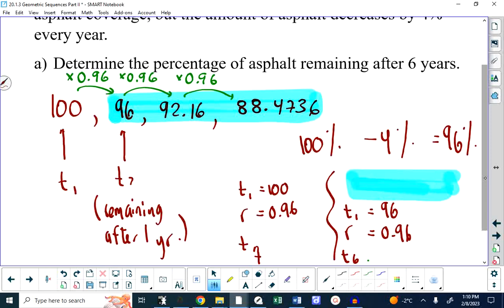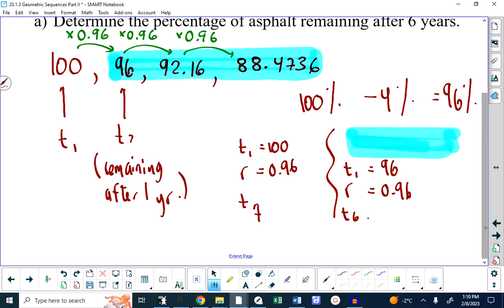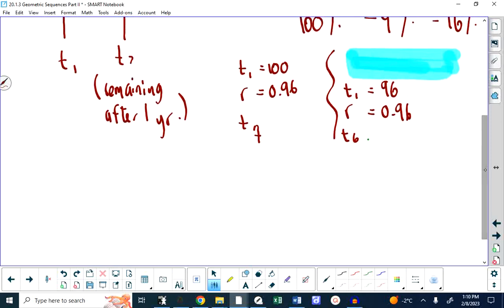I'm being consistent. N in the sequence goes with the year number. I'm not going to do both calculations. I'm only going to do the one here. My general term is Tn equals 96 times 0.96 to the n minus 1. So to answer this question, I put in 6.